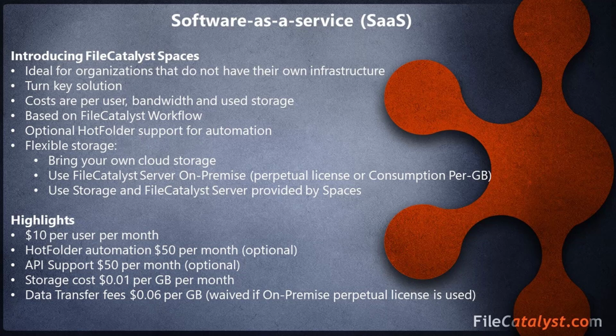You can add API integration, and then you pay a penny per gig per month for storage, and you pay 6 cents per gig transferred. Of course, if you're connecting to your own existing on-premise perpetual license, then this fee is waived because you're already on that license. This is probably going to be coming out in December this year as software as a service, and it's going to be called FileCatalyst Spaces.